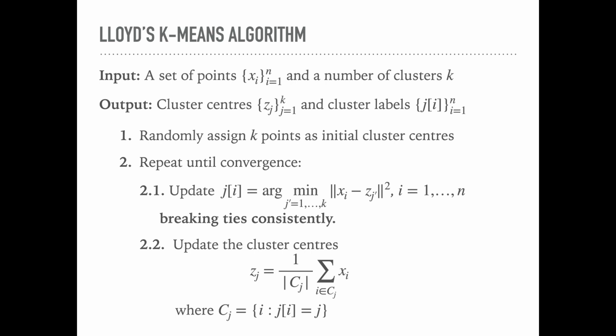If at this point nothing changes, we have found a minimum and we are done. Otherwise, we take our new clusters, we compute a new center, and then we repeat this over and over again. It's a very lovely and straightforward algorithm.